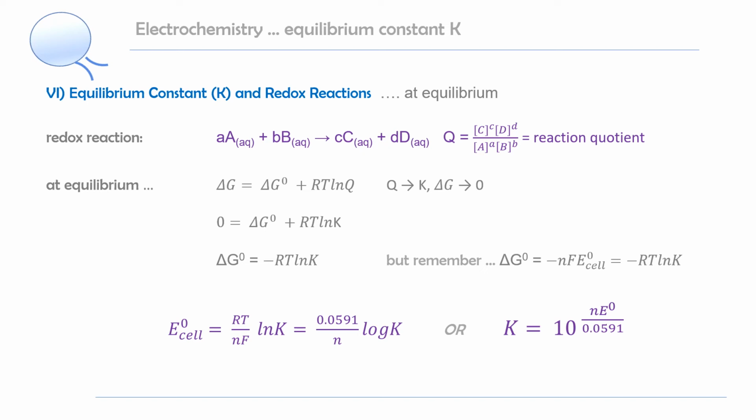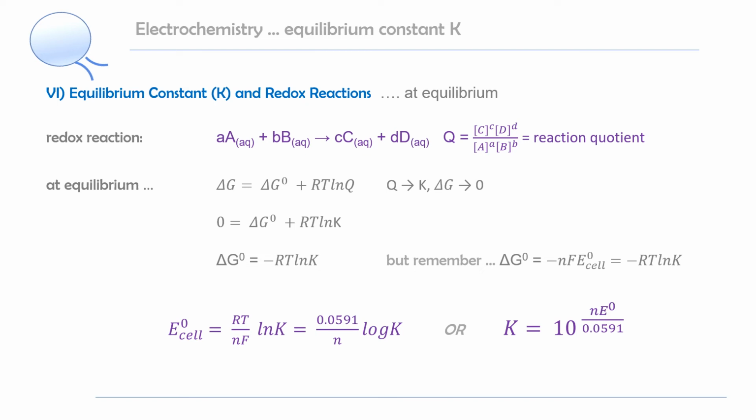If the reaction goes, we will produce product and we will consume reactant. And those are the kinds of reactions that tend to have large equilibrium constants. All right, so let's go through a quick little derivation that's going to pull all of the information together relating cell potentials, Gibbs free energy change, and equilibrium constants.